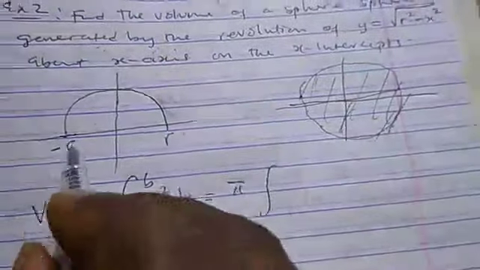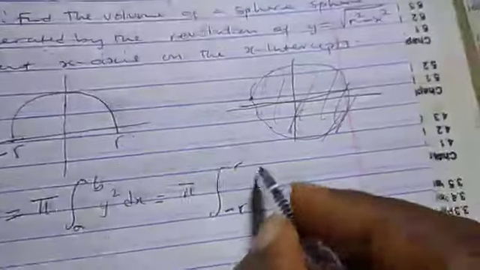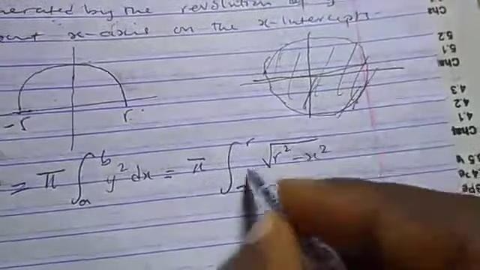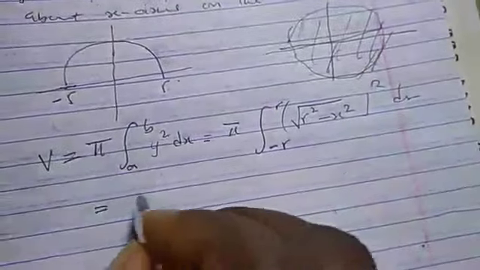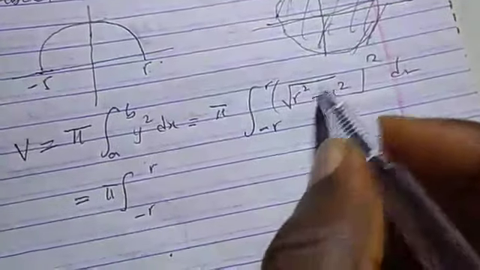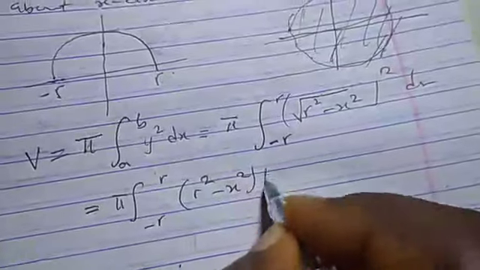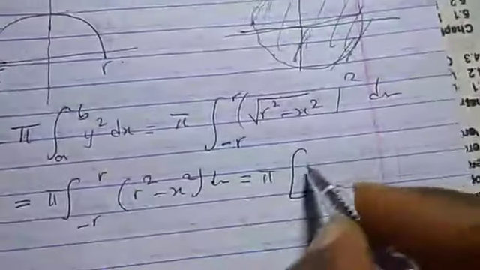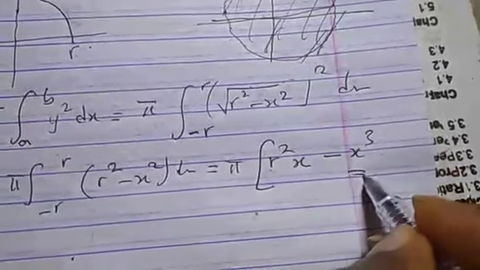Our a to b is minus r to r, square root of r squared minus x squared. This is our y, all squared, dx. This is pi integral from minus r to r. The square will cancel this square, it will remain r squared minus x squared dx. This is our pi. If you now integrate this, it will give me r squared x minus x cubed over 3.